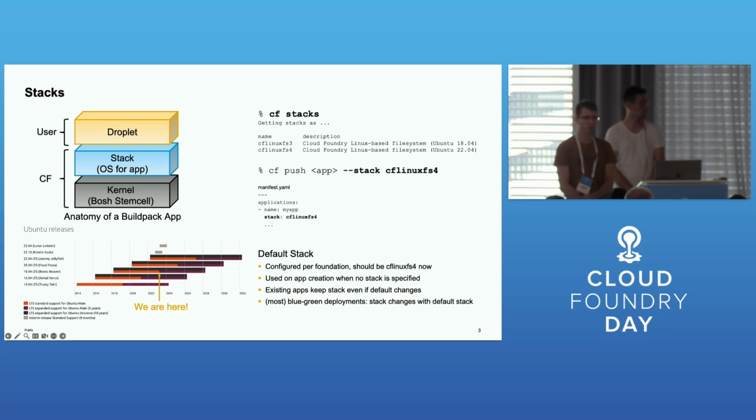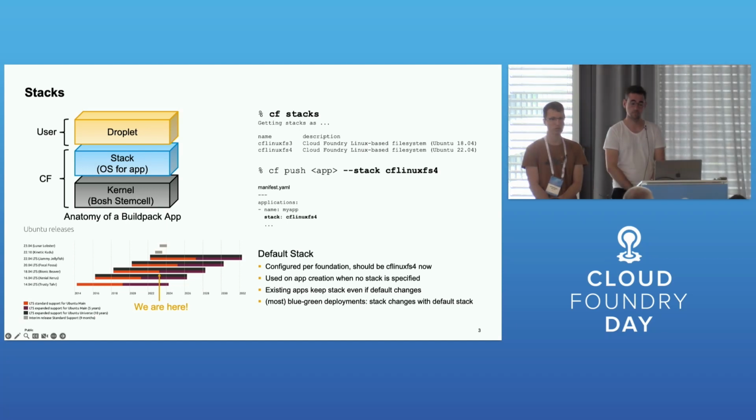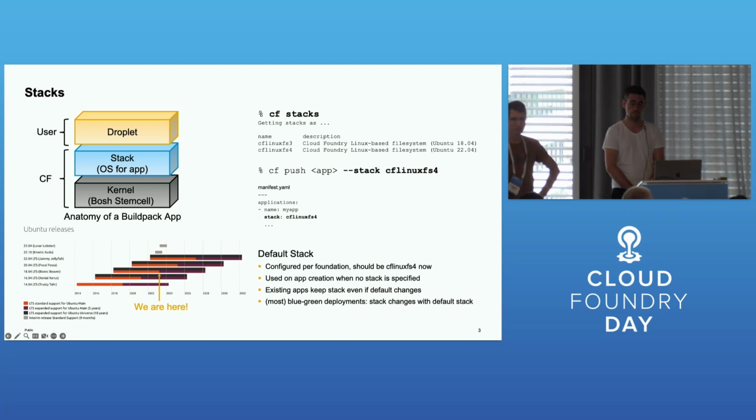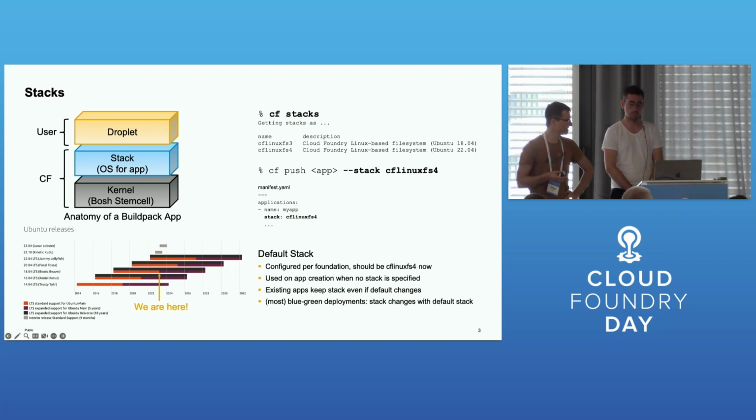That also means if you have pushed the application at the beginning of the year where cflinuxfs4 was not yet there, it was configured on the old stack, out of maintenance, and it stays there. Nothing changes unless you explicitly configure it. That means existing apps, whether you update them, whether the default stack changes, whatever, they will stay on the old stack until you do something.